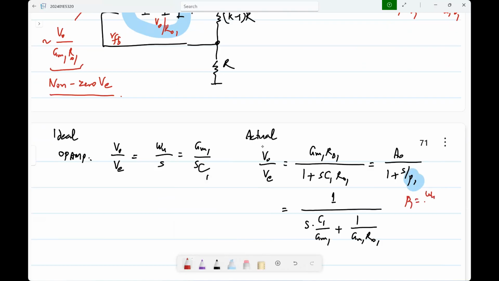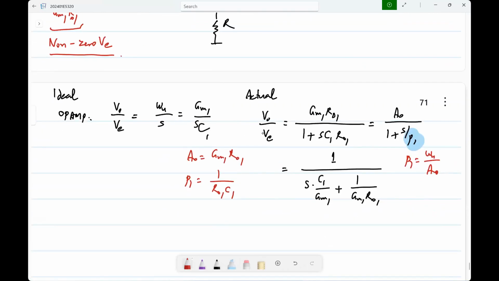P1 is omega u by A naught. Because A naught is GM1 RO1, P1 is 1 by RO1 C1, and omega u is GM1 by C1. From all of this, you will get that.